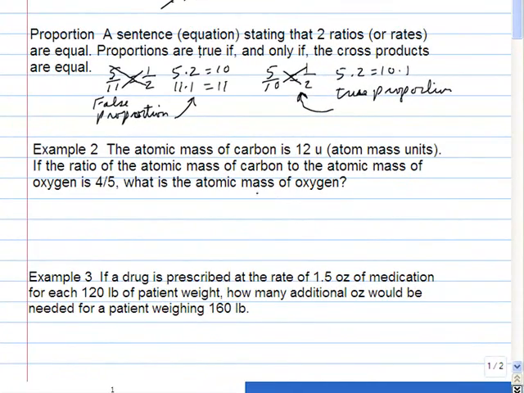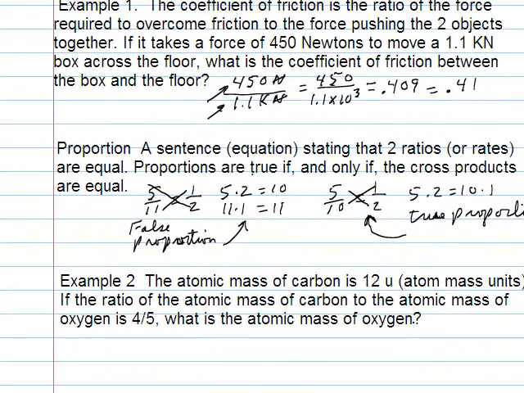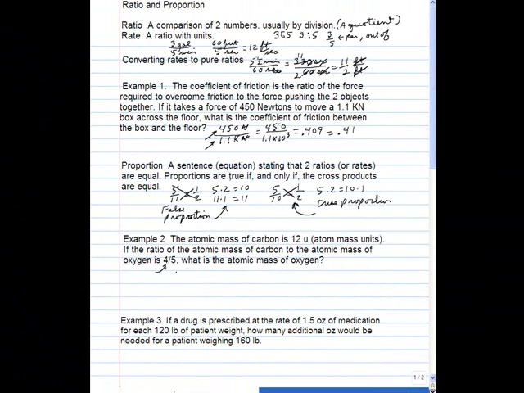So continuing on with our problem, the atomic mass of carbon is 12 units. If the ratio of the atomic mass of carbon to the atomic mass of oxygen is 4 to 5, what is the atomic mass of oxygen? Well, right here, I established the ratio 4 to 5 as being constant through this problem.